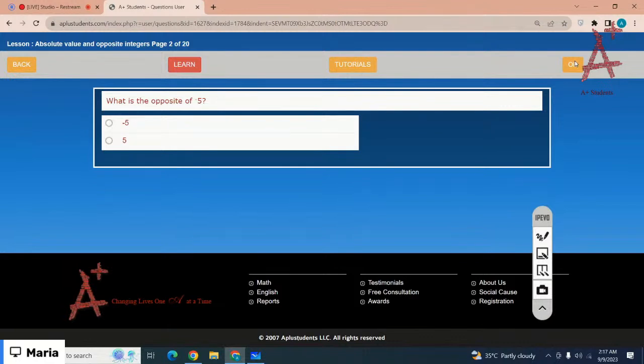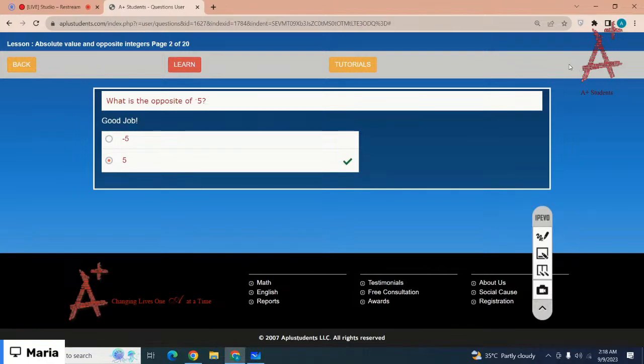Opposite of negative 5 is the same value on the other side of the 0, right? So negative 5 would be on the left hand side of the 0. So on the right hand side, the same distance value is 5. So the correct option is 5.